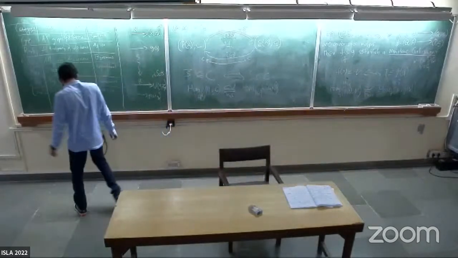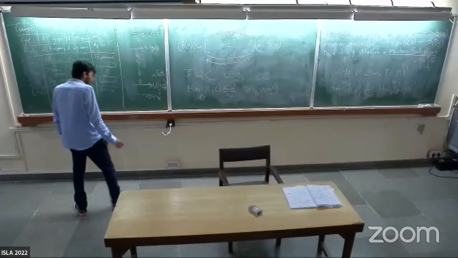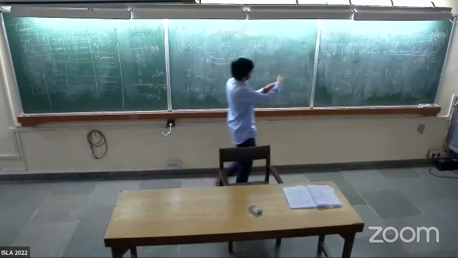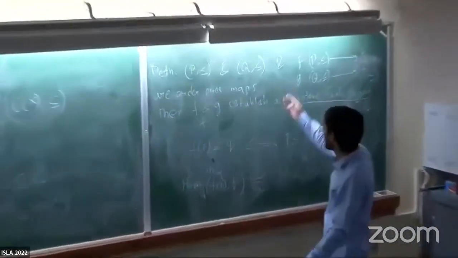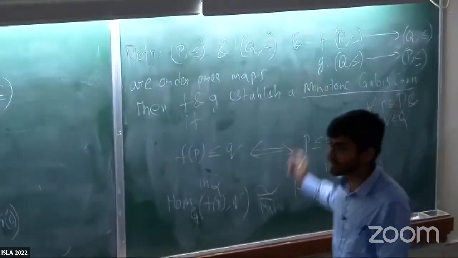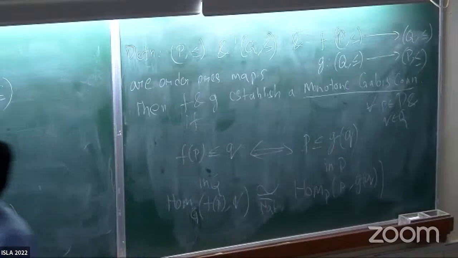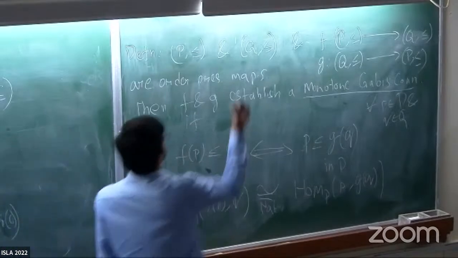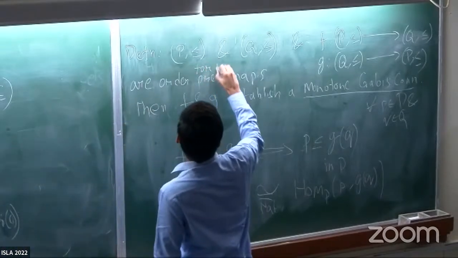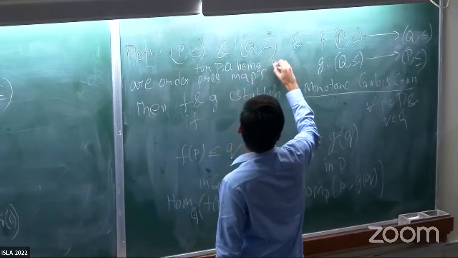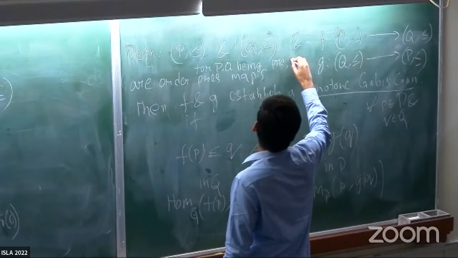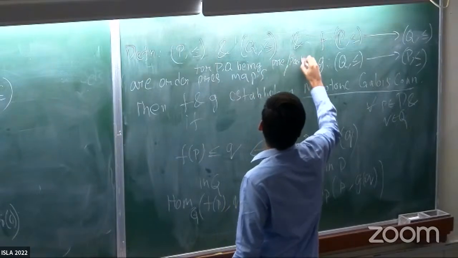Is the monotone Galois connection specific only to posets? In full generality, it will be for preorders, because I don't use any antisymmetry here. So this will hold for P and Q being preorders or partial orders, for both.